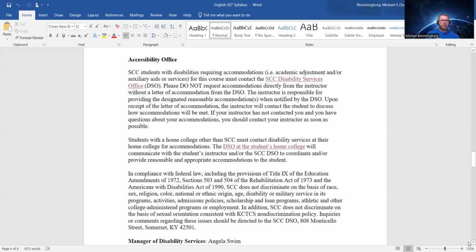Also, in compliance with federal law, including provisions of Title IX of the Educational Amendments of 1972, Section 503 and 504 of the Rehabilitation Act of 1973, and the Americans with Disabilities Act of 1990, SCC does not discriminate on the basis of race, sex, religion, color, national or ethnic origin, age, disability, or military service in its programs, activities, admission policies, scholarships, and loan programs, athletic, and other college administered programs or employment.